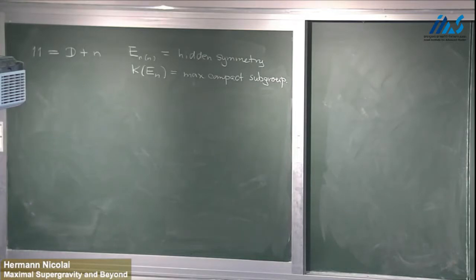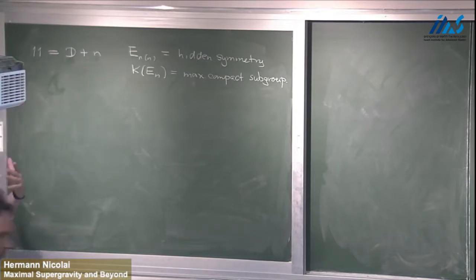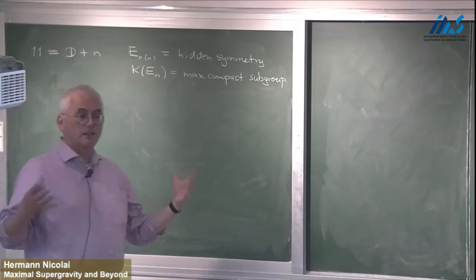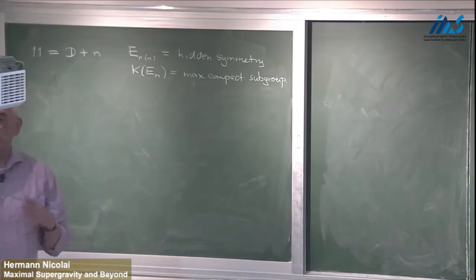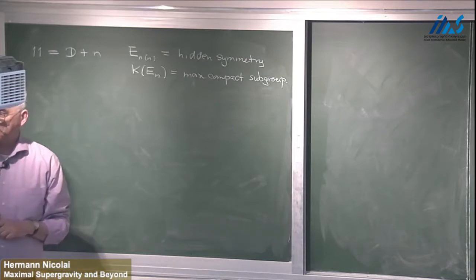Now, one thing that's immediately obvious from this is that as you decrease the number of physical space-time dimensions, this n becomes bigger, and that means that the internal duality symmetry gets larger. So these duality symmetries are increased at the expense of space-time symmetries.